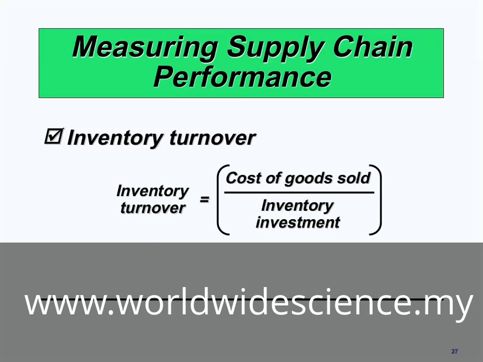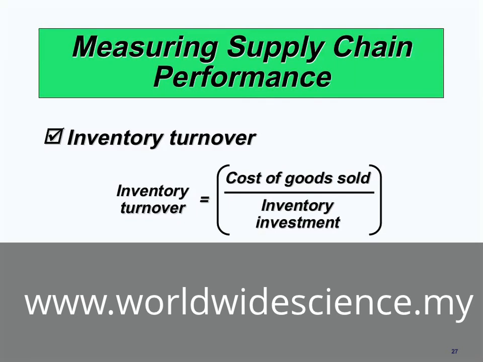Now, one of the formulas used for measuring supply chain performance is inventory turnover. Inventory turnover means the proportion of cost of goods sold to inventory investment.